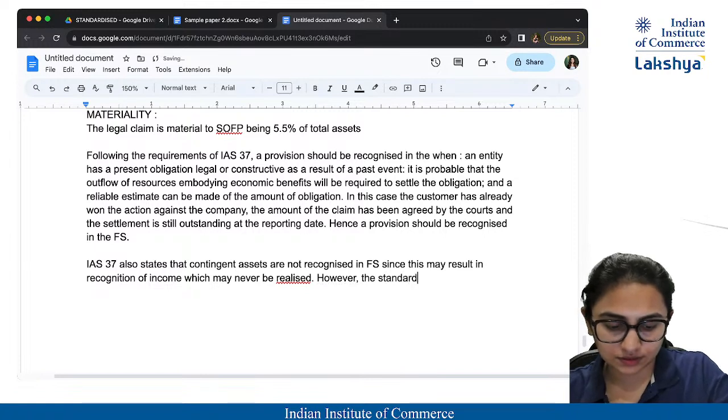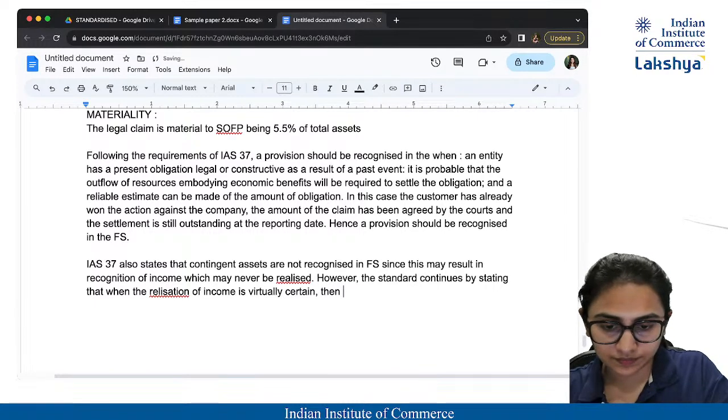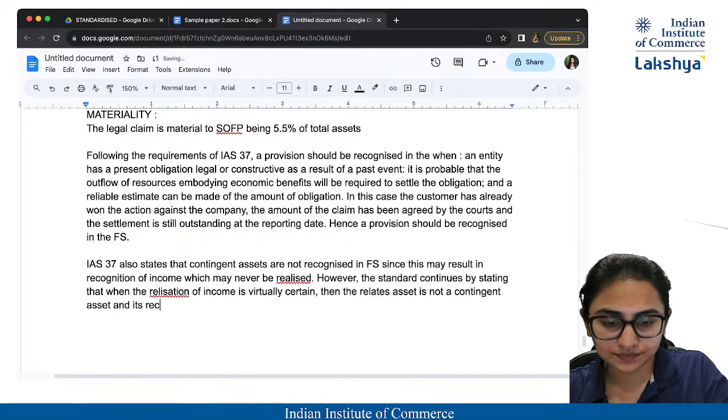However, the standard continues by stating that when the realization of income is virtually certain, then the related asset is not a contingent asset and its recognition is appropriate.